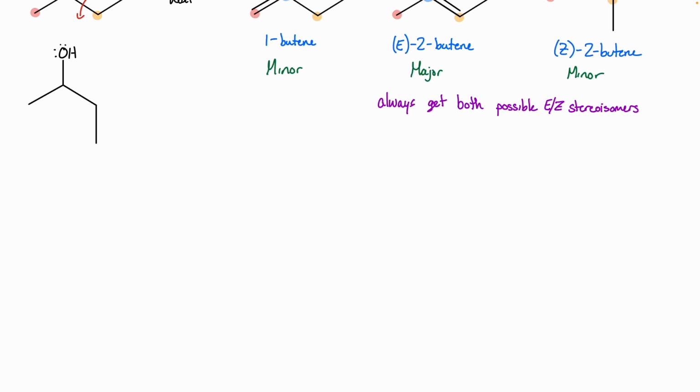All right, let's do one more here. All right, so let's predict our products. Importantly, we know that this carbon bonded to my oxygen is going to be part of my alkene, my carbon-carbon double bond. But we have these 2 neighbors to choose from.